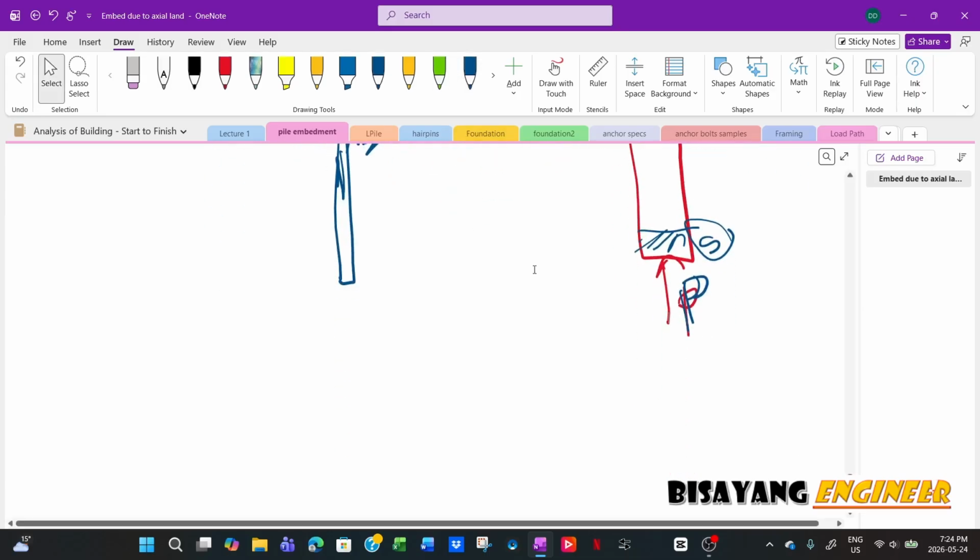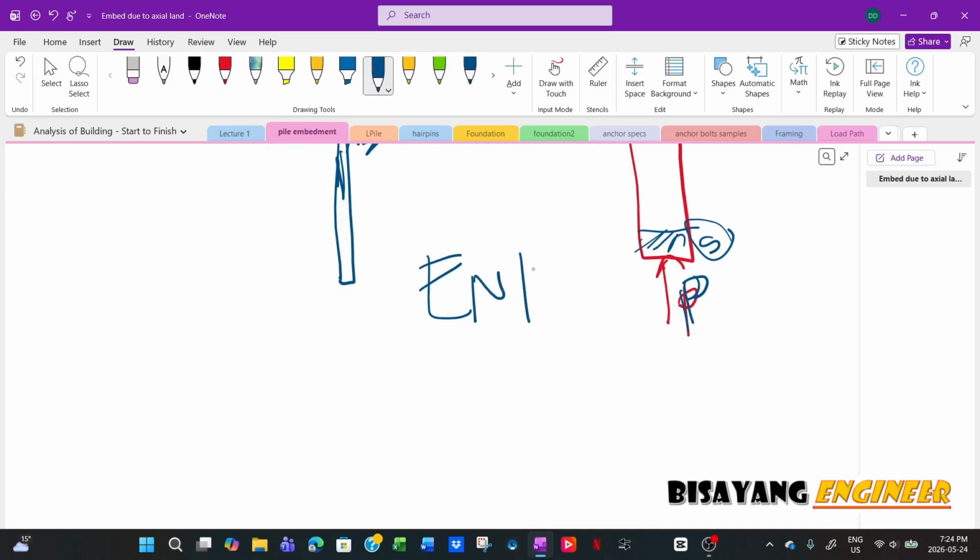Now, for driven pile, the formula is, I mean, there are new formulas now, but the accepted criteria or formula before, even today, I'm still using this one. I could use another formula, but it's been a while, probably more than a century, this formula has been used.